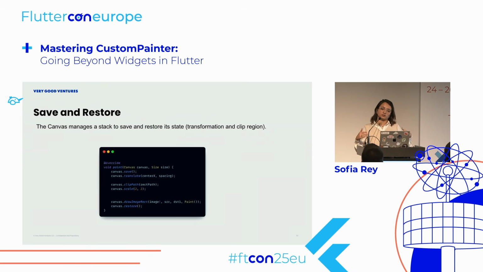So if you don't want your whole composition to be rotated, you need to save the current status of the canvas, apply a rotation, transformation, clip, or whatever, and then draw whatever you want to be affected by it, and then restore the previous saved status of the canvas.